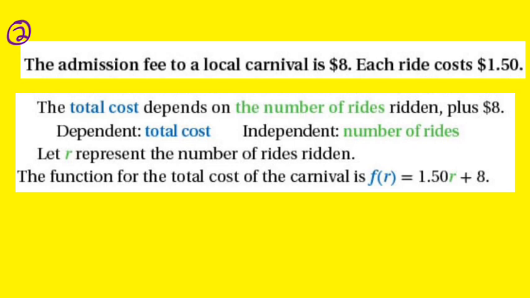So we know the cost, or the y values, will be dependent on how many rides we take, right? So we let r represent the number of rides that are going to be ridden, and the function of the total cost will be f of r equals $1.50 per ride plus the initial fee of $8.